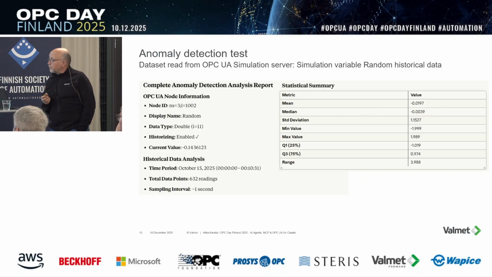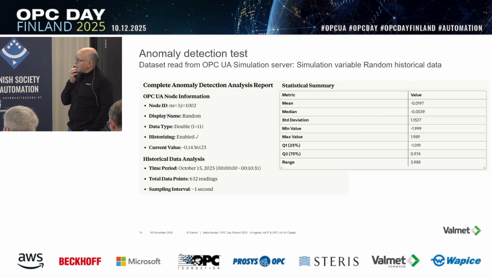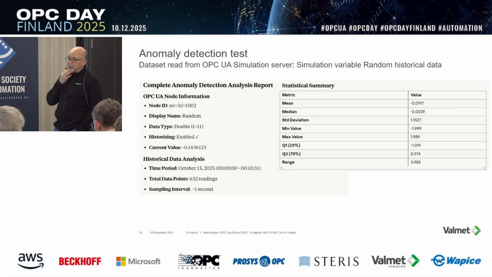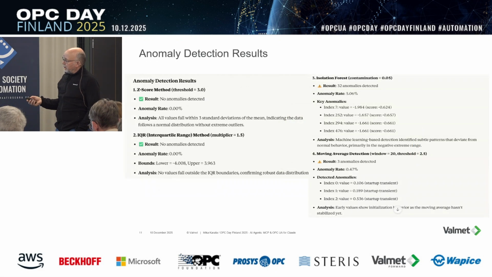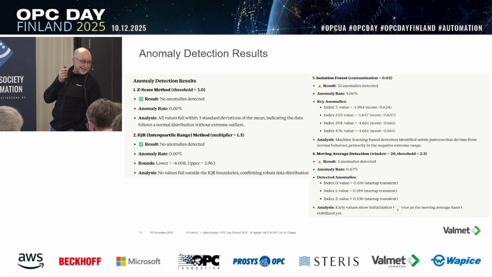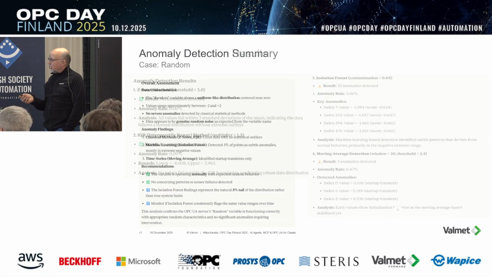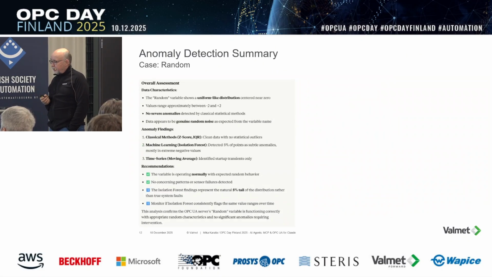I started to test the simulation variable with the random historical data, what it will find out, the metrics and anything else from that, making the analysis or the anomaly. The results were quite interesting, but the random function is working great as expected. But that was just testing the anomaly detection and the summaries here.